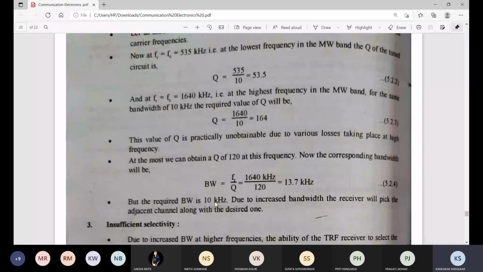So due to the increase in bandwidth, the receiver will pick the adjacent channel. मग काय करते आपला रिसीवर, विथ डिझायर्ड फ्रिक्वेन्सी चॅनल किंवा विथ डिझायर्ड स्टेशन. समजा मी पुणे स्टेशन ट्यून केलं असेल, समजा जर तुमची बँडविड्थ 10 किलोहर्ट्ज रिक्वायर्ड असेल आणि 13.7 बँडविड्थ होत असेल, तर in that case what happens, your radio will catch or receive Mumbai station with Pune station.